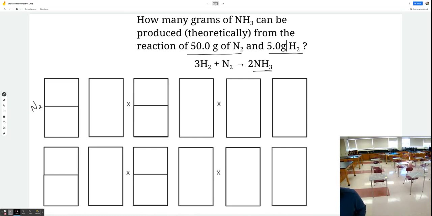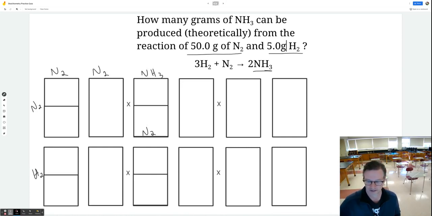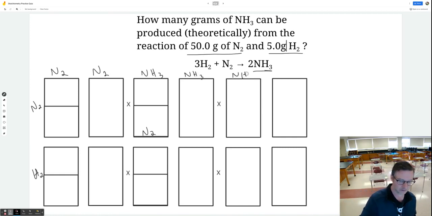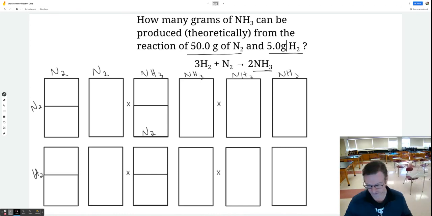I'm going to do N2 and H2. So again, this is going to be about N2, N2, N2, and then we're trying to find NH3 in both cases. So I'm going to put NH3 down here, just again so I can keep track of which substance I'm working with in which box.